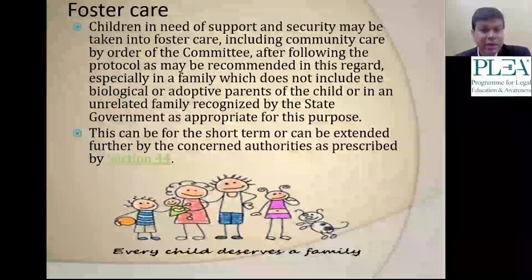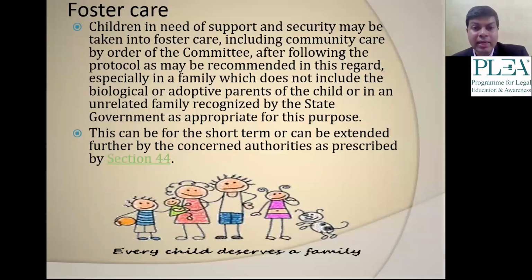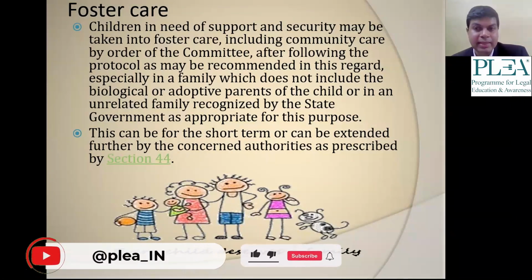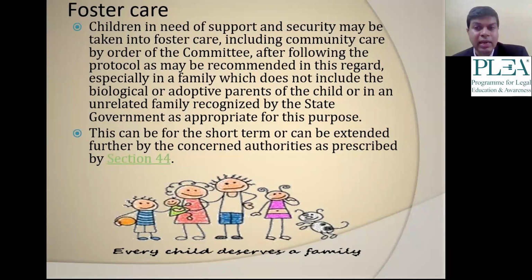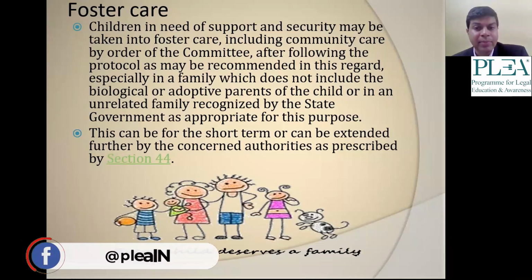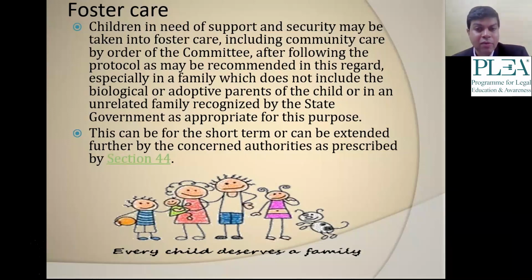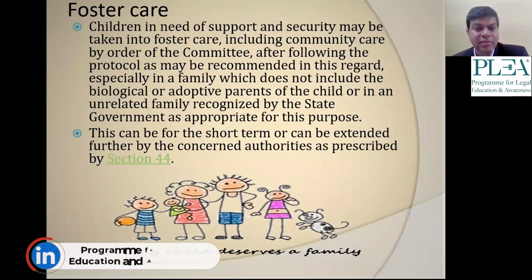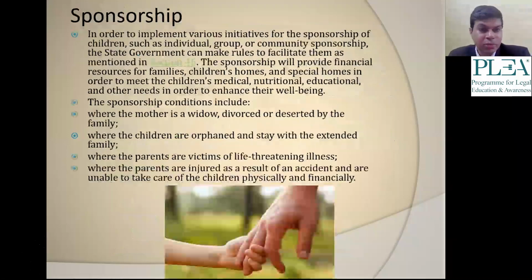So children in need of support and security may be taken into foster care, including community care, by order of the committee after following the protocol as may be recommended in this regard, especially in a family which does not include the biological or adoptive parents of the child, or in an unrelated family recognized by the state government as appropriate for this purpose. This can be for a short term or it can be extended further by the concerned authorities as may be prescribed under section 44.